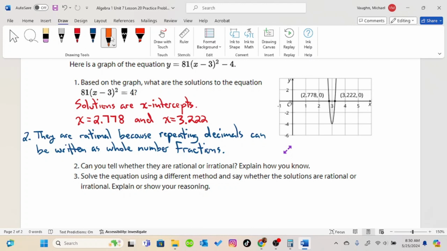Number 3, solve the equation using a different method, meaning a method other than graphing, and say whether the solutions are rational or irrational. Explain or show your reasoning. So I'm going to take this very equation that they graphed. 81 times x minus 3 squared equals 4. And I'm going to divide both sides by 81.